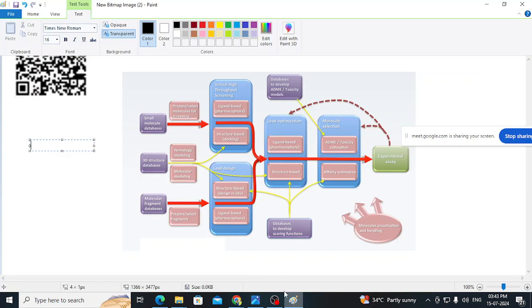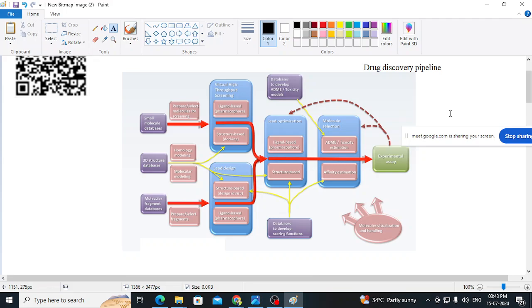So what happens in a drug discovery process? Let us call it the drug discovery pipeline. Okay, so this is the pipeline. As you have already had a discussion previously, there could be two approaches, let us call it bottom up or bottom down.